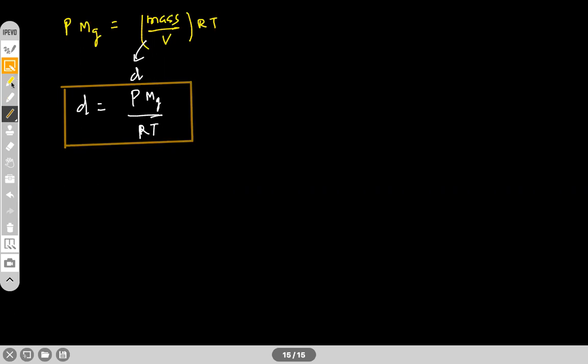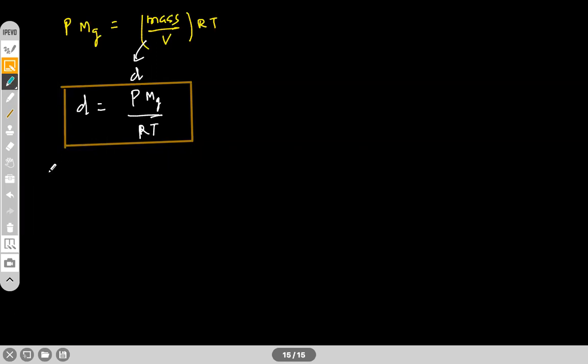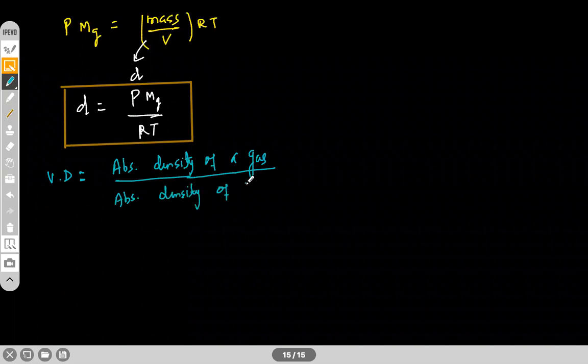Now the vapor density, like I said, VD is equal to the absolute density of a gas divided by the absolute density of hydrogen gas, H2.